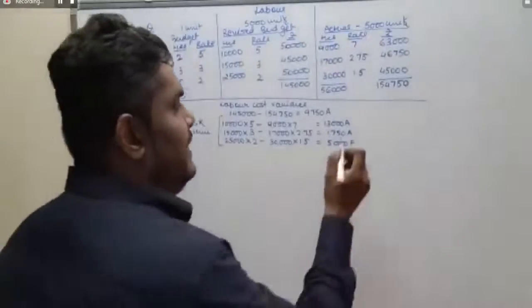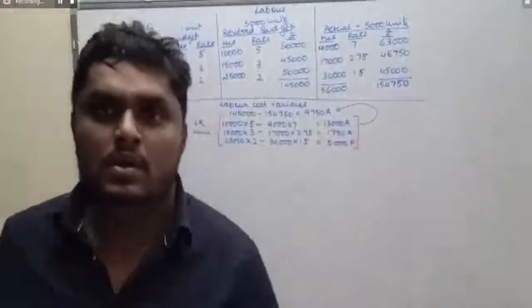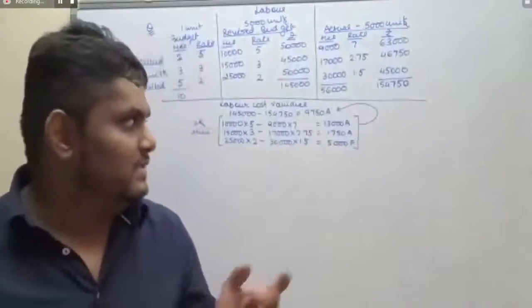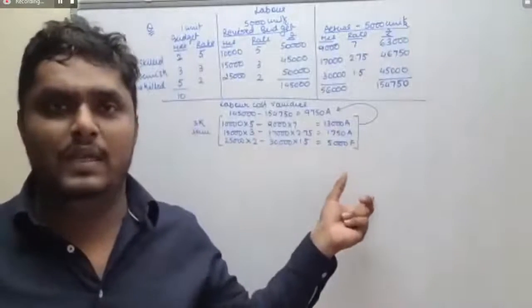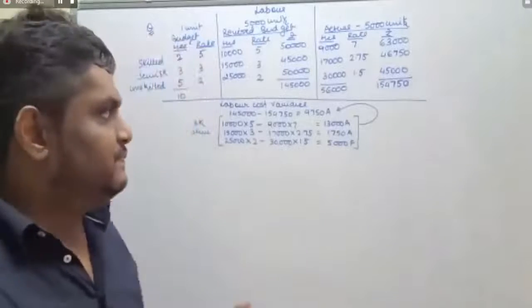So the total will be 9,750 adverse. So it's just the copy paste of material cost variance, wherein the way we were solving material cost variance, this is the way we have to calculate labor cost variance.